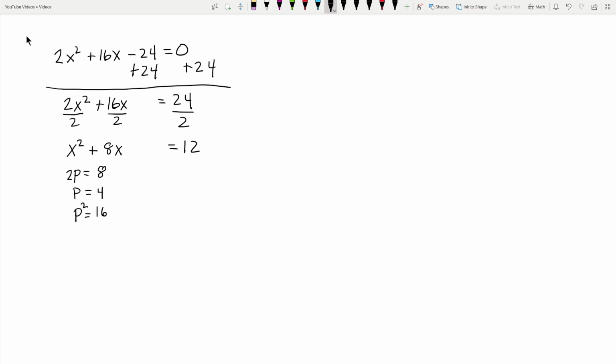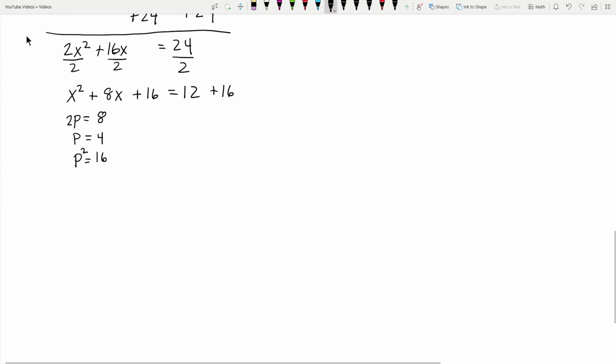So I'm going to add 16 to both sides. And the left-hand side is my perfect square. That is going to factor into x plus p squared. So x plus 4 squared. And on the right-hand side, I've got 28.